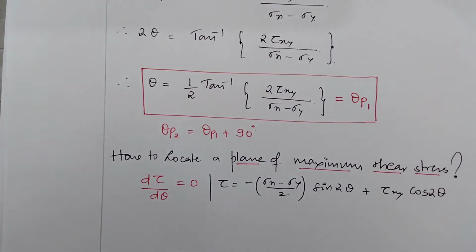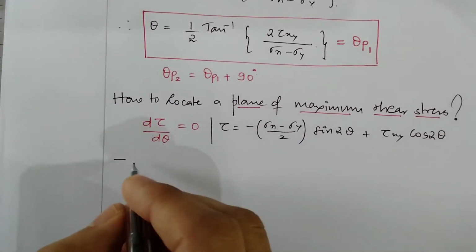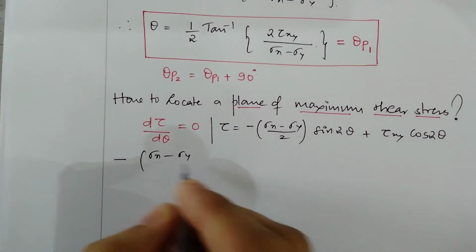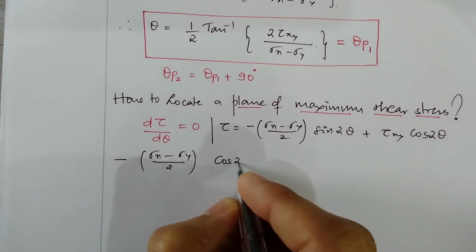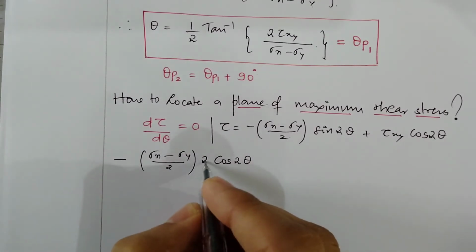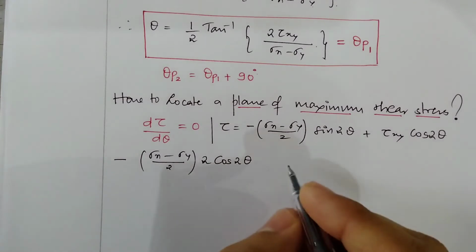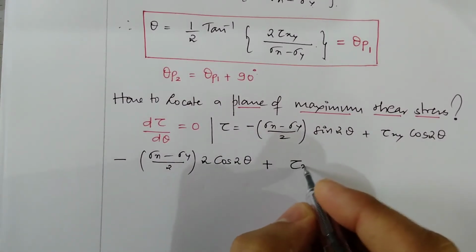This is the expression for tau. Let us differentiate this. The minus sign I'll keep as it is. (Sigma x minus sigma y) divided by 2 sine 2 theta; the derivative is cos 2 theta into the coefficient of theta, which is 2. Plus sign as it is, tau xy as it is.